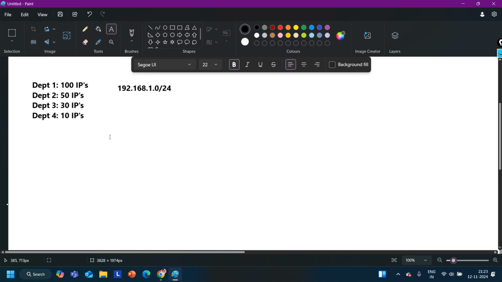Again we are going to do FLSM only, but we are going to perform FLSM multiple times now. For each department we are going to perform FLSM. So first we will perform FLSM for department 1, then for department 2, then for department 3, and then for department 4. Got it? Let's do it.